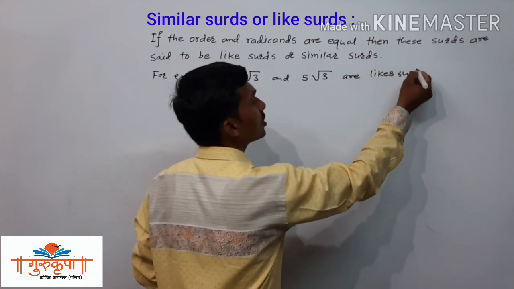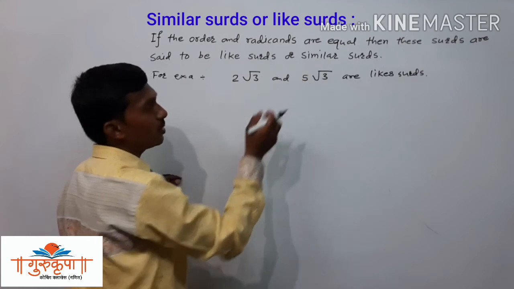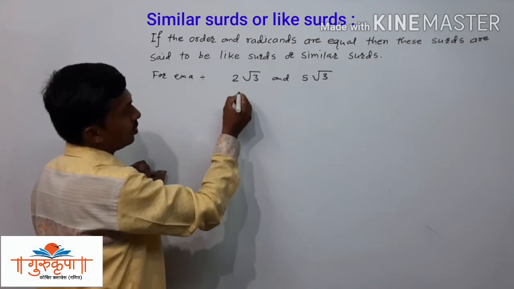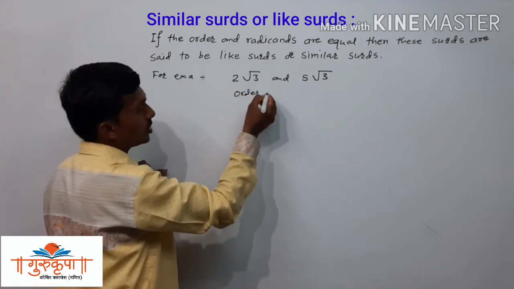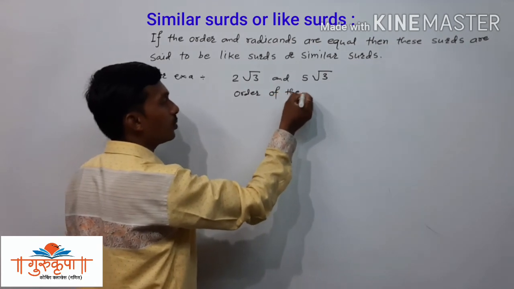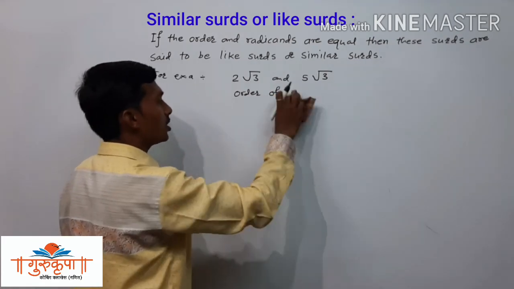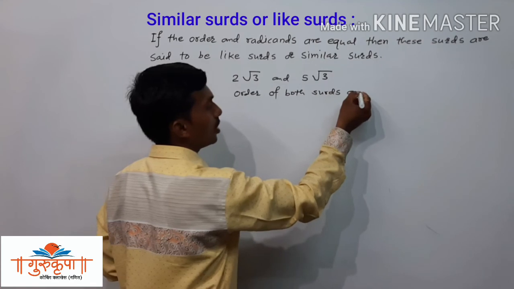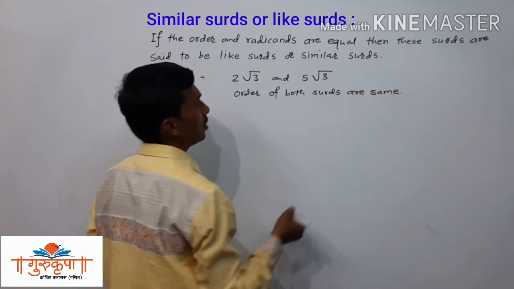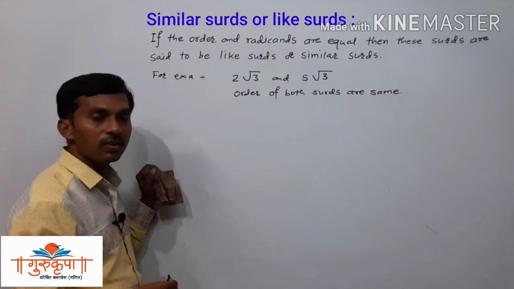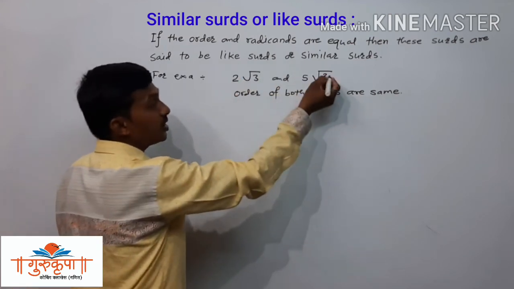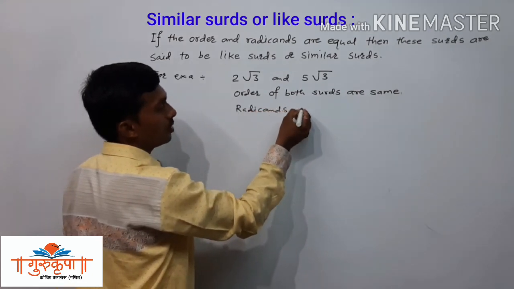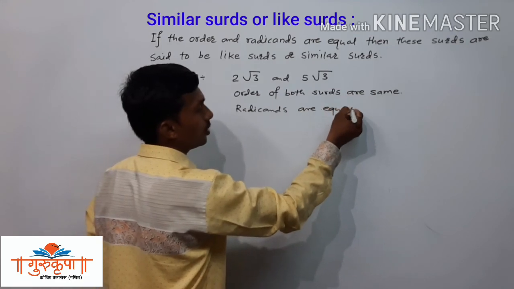Since the orders of both the surds are the same, and the radicands are also equal.